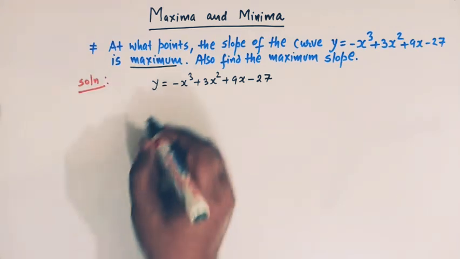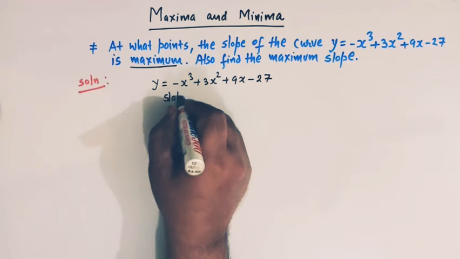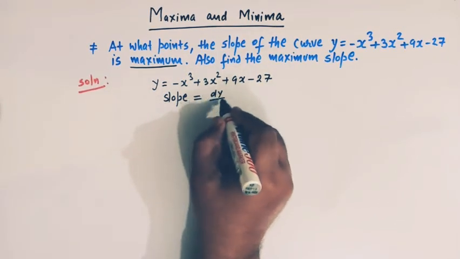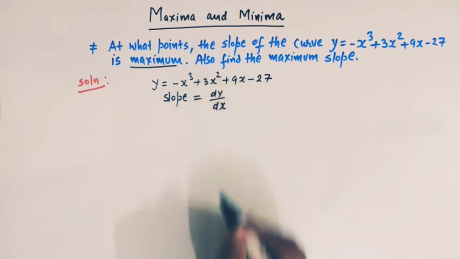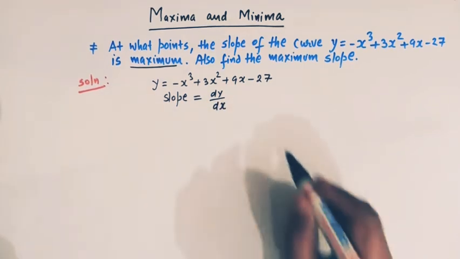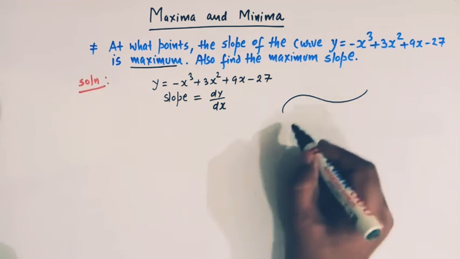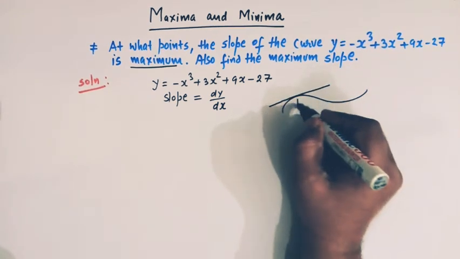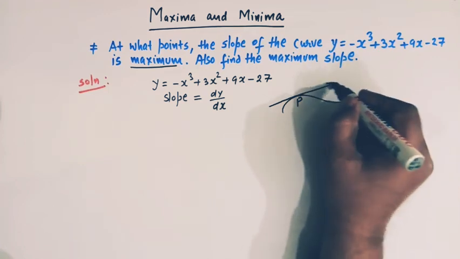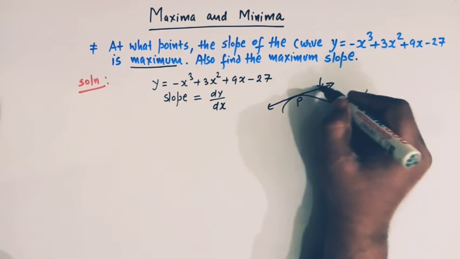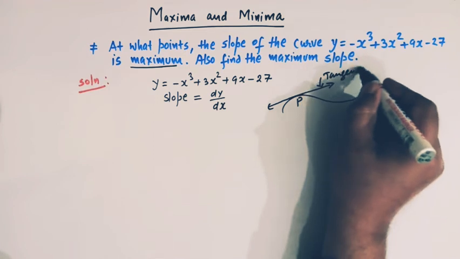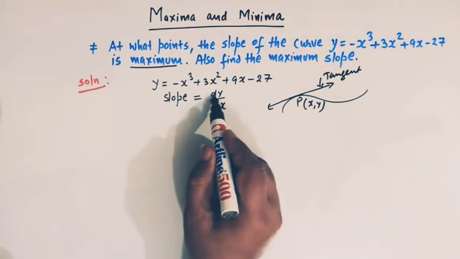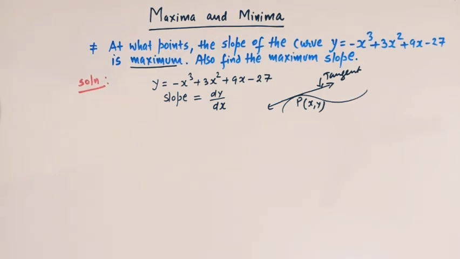Now we know that the slope of a curve is defined as the derivative of y with respect to x. So suppose this is the curve, and this is the tangent at the point say P. Then the slope of this tangent at some point (x, y) is given by dy over dx.